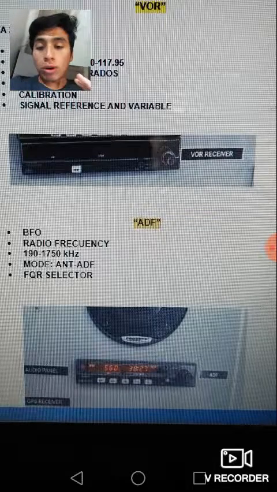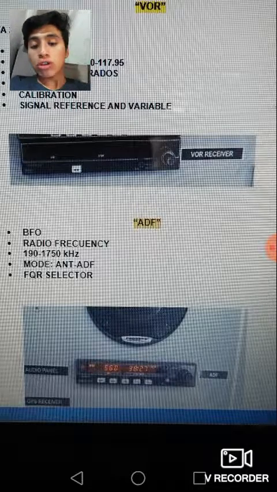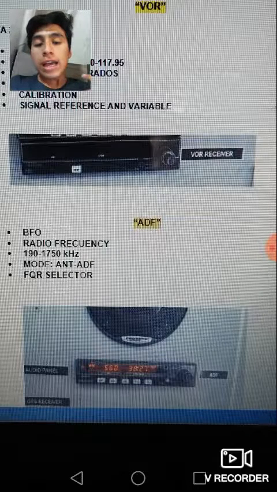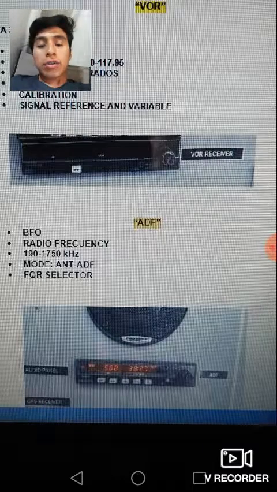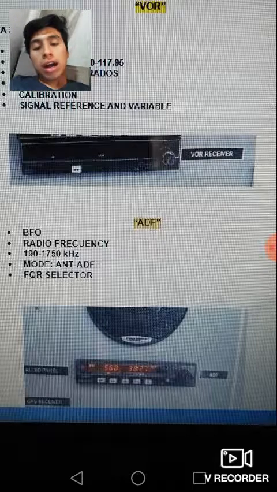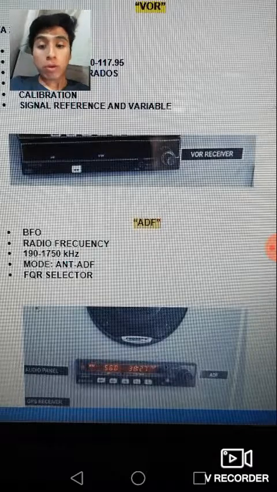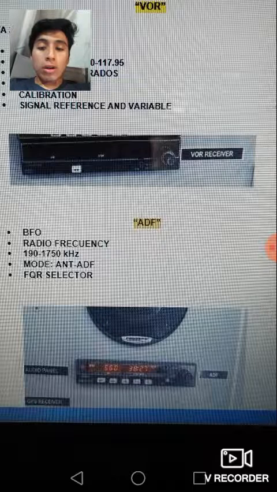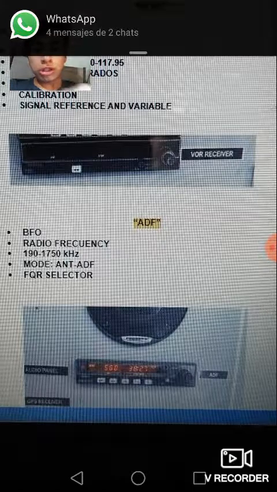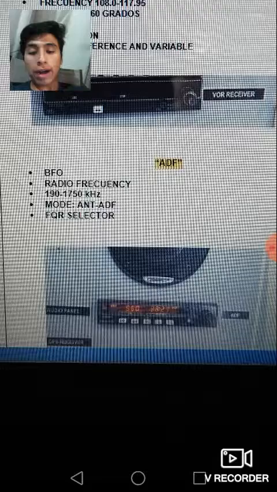Well, this push button is necessary when the pilot doesn't know if there exists a ground station around him or around the aircraft. For this it is necessary to note: you must push this button and the system identifies it.